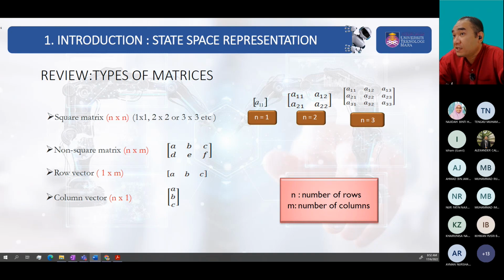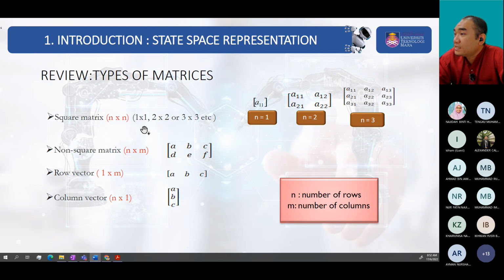So let us do some review about matrices. Okay, kita review tentang matrix. The first one, square matrix. So of course, square matrix, as you can see that it will have a dimension, the row and the columns going to be the same. Kan, square matrix, number of row sama dengan number of column.